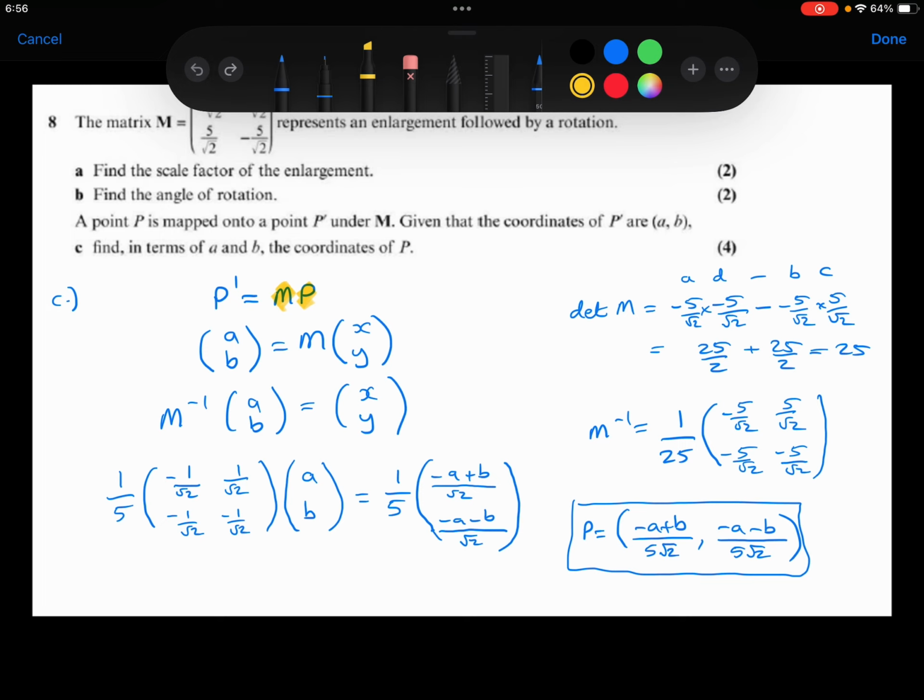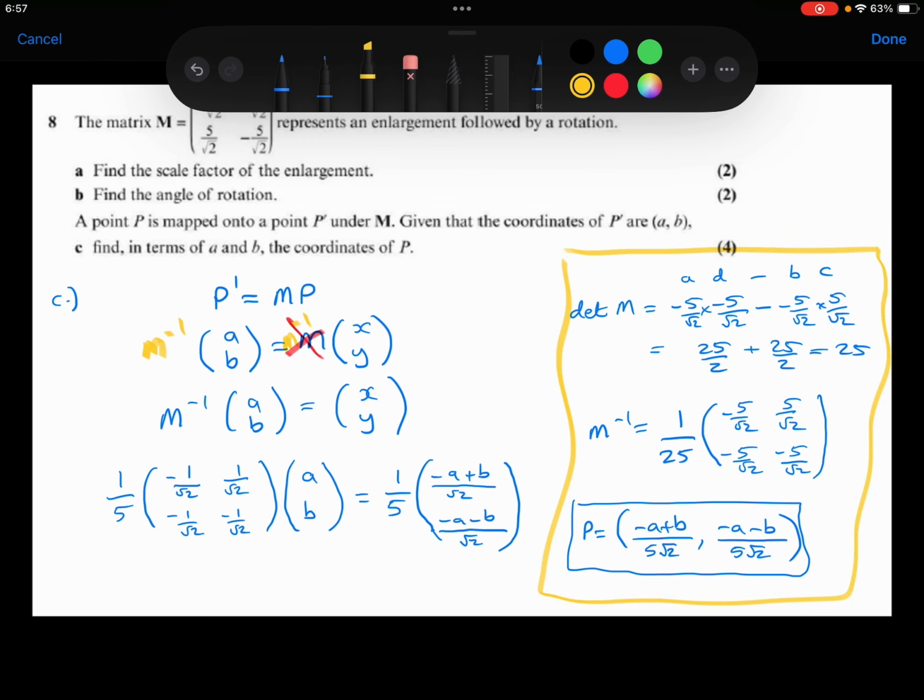Well, if I multiply both sides of this matrix by the inverse matrix, then we will work out that the point xy is the inverse matrix times the point AB. To work out the inverse matrix, have a look over here.